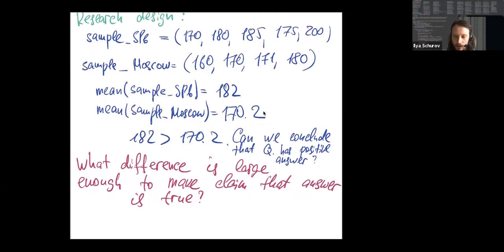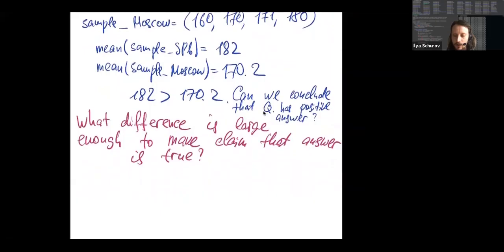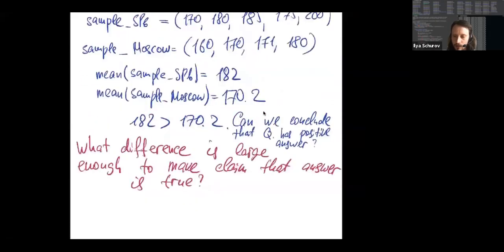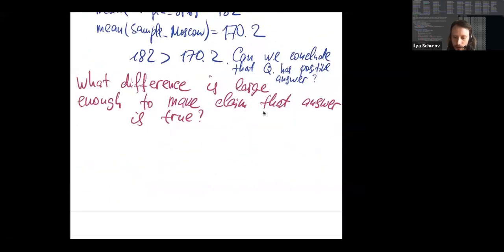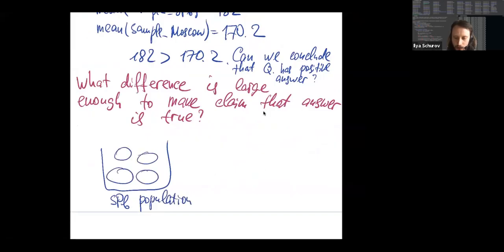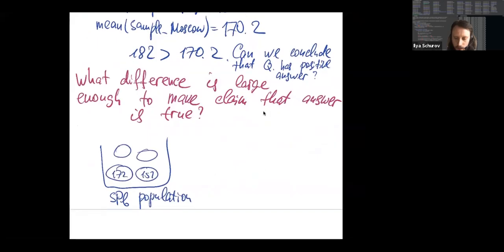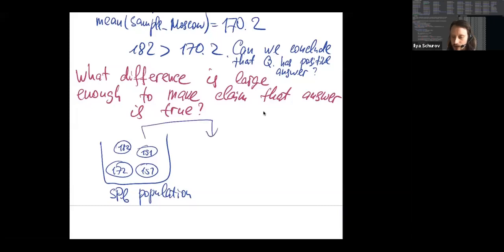So let me state my null hypothesis and explain how my experiment works. So now I have two samples, and I believe that both samples are generated from its own population. So I have a population in St. Petersburg. So this is the St. Petersburg population. And I have some values here. And I use this population to generate my St. Petersburg sample.